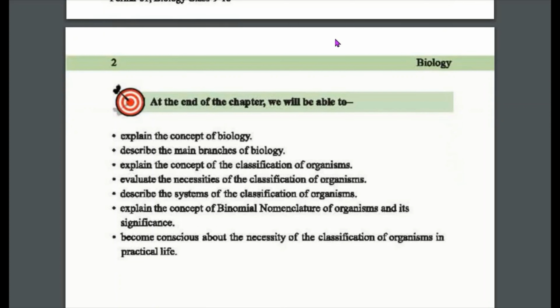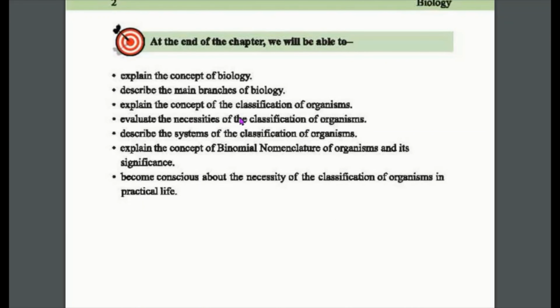We can explain the concept of biology, describe the main branches of biology, explain the concept of the classification of organisms, evaluate the necessities of the classification of organisms, describe the systems of the classification of organisms, explain the concept of binomial nomenclature of organisms and their significance, and become conscious about the necessity of classification of organisms in practical life.